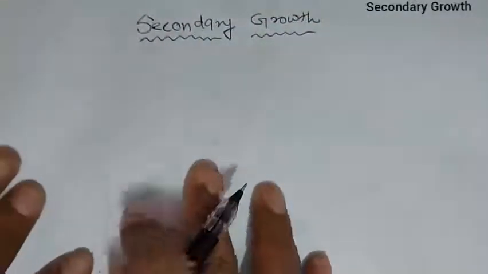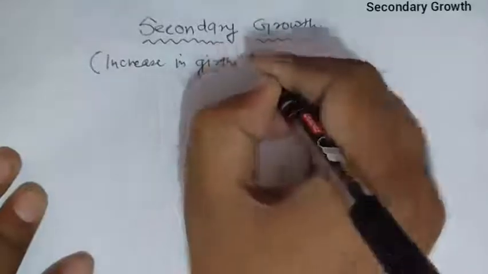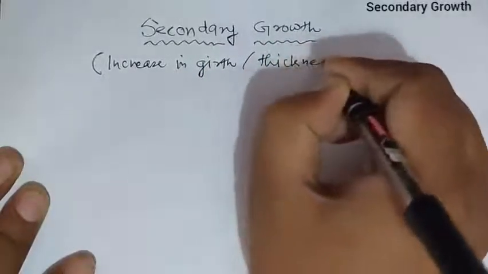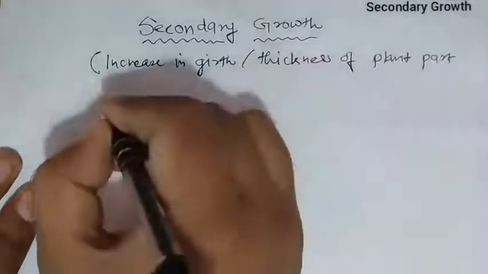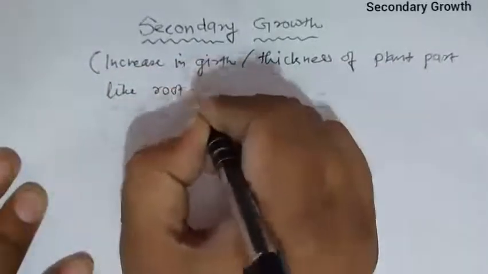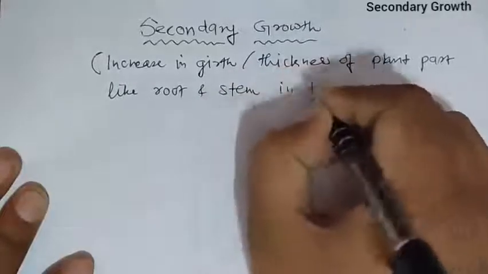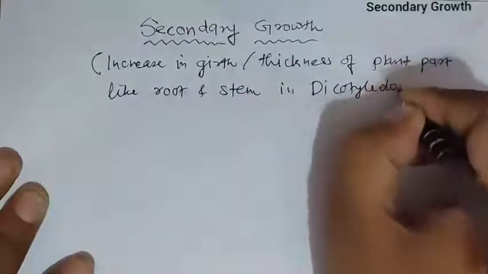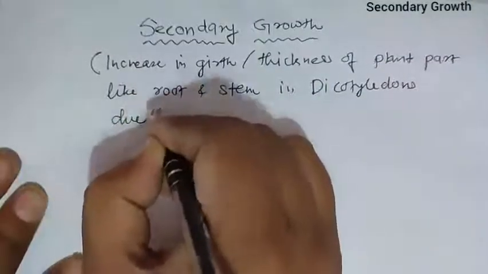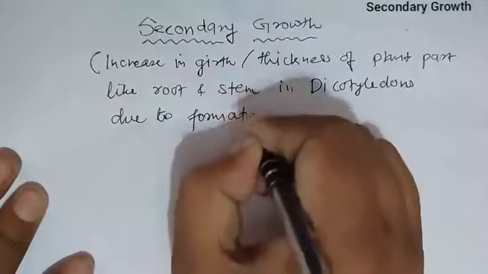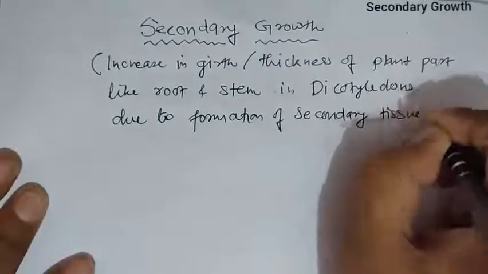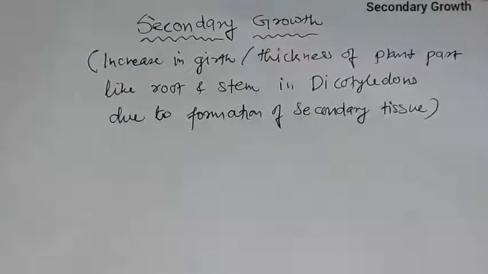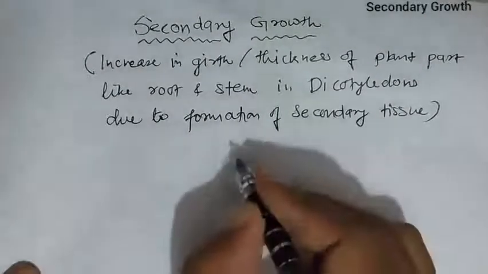This secondary growth is defined as an increase in girth or thickness of plant parts like root and stem in dicotyledons due to formation of secondary tissues. So it is the formation of the secondary tissues.